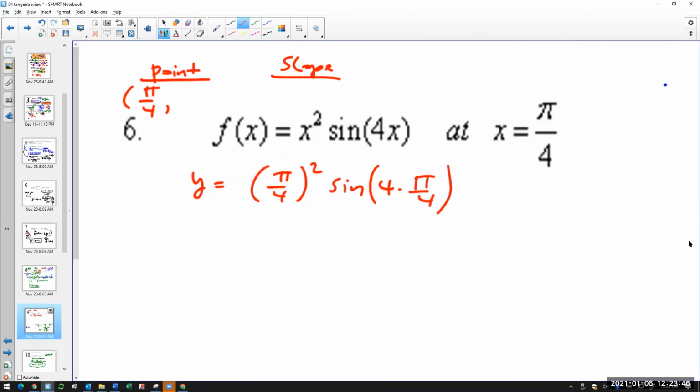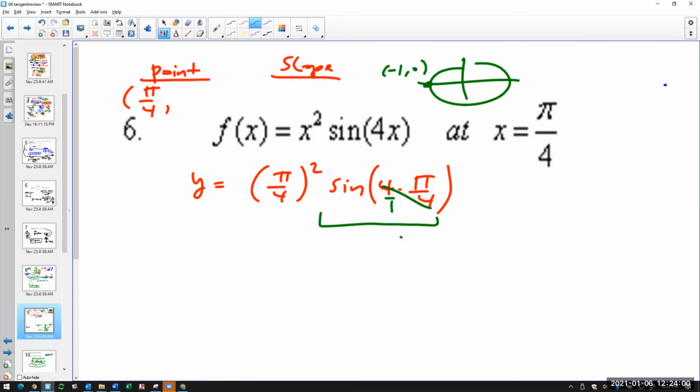All right, but 4 times pi over 4, guys, this is really 4 over 1, right? So this is really just sine of pi. But what is sine of pi? If you look at your unit circle, pi is over here. And so the sine value is what? 0, right? So this right here is 0. So your y value is 0 times pi squared over 16, which is just 0.